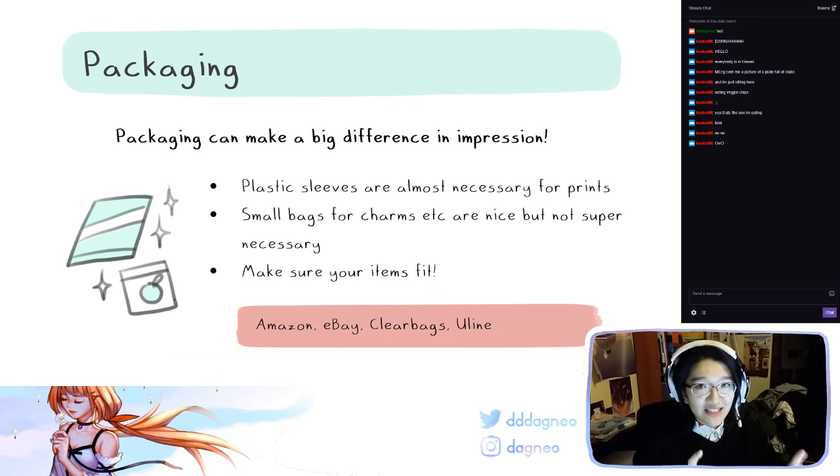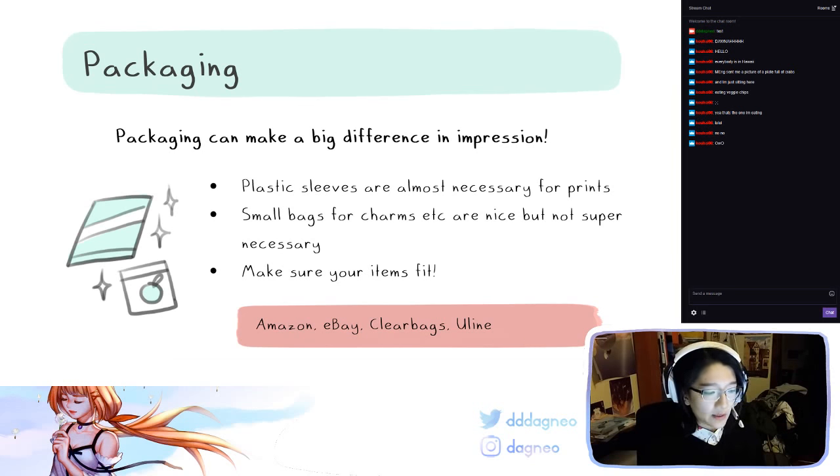If you get plastic sleeves that are exactly 8.5 by 11, it's probably going to be really hard to fit your print in it, just because it's the exact size. It's like ultra skinny jeans or something like that. And so usually it's a good idea to get something that's a tiny bit bigger, so maybe like 8 3/4 of an inch by 11.5 inches or something like that. Go a little bit bigger, so it makes it easier for you to put the prints into the bag.